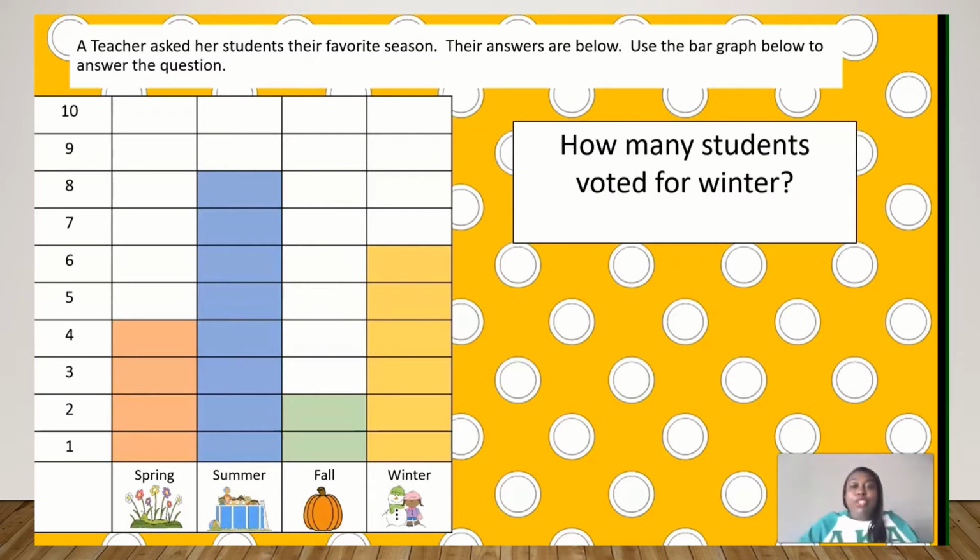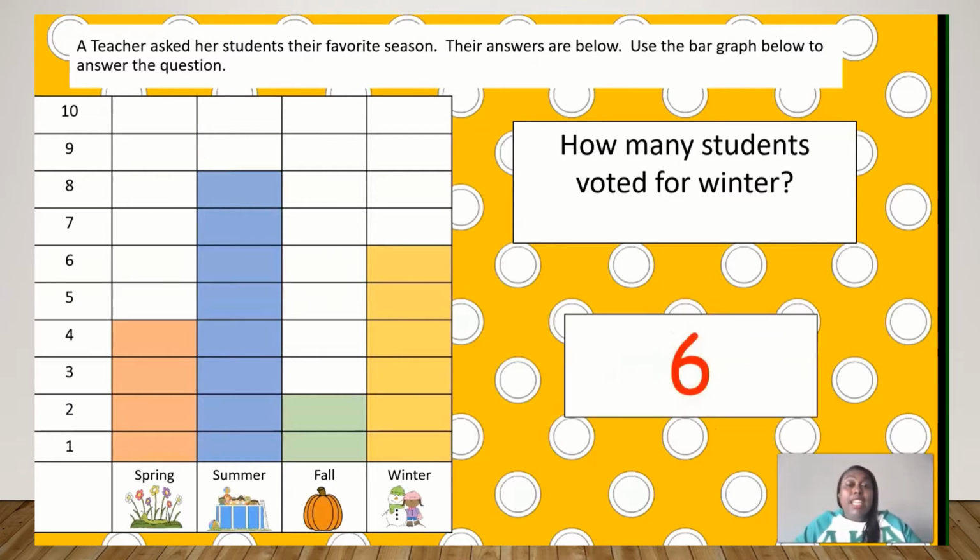Here's the next question. How many students voted for winter? That's right. Look at the bottom. You see a picture of winter. The snowman. Count the number of shaded boxes. If you said 6, you are absolutely correct.